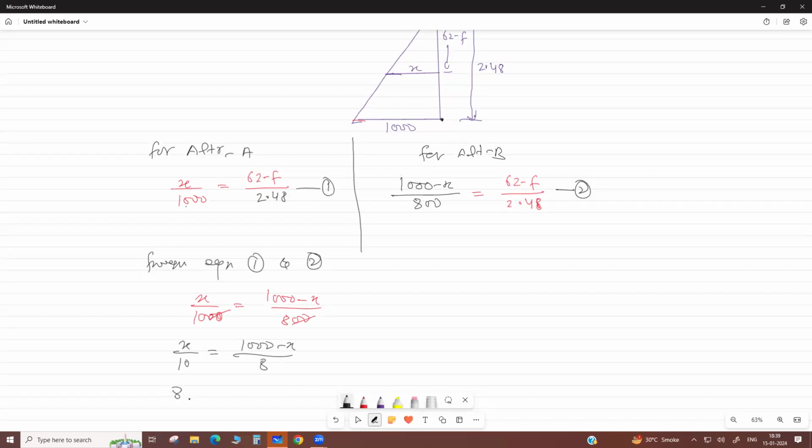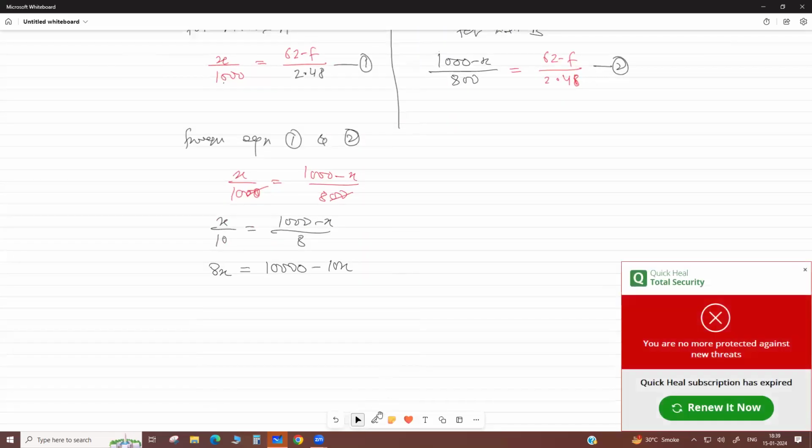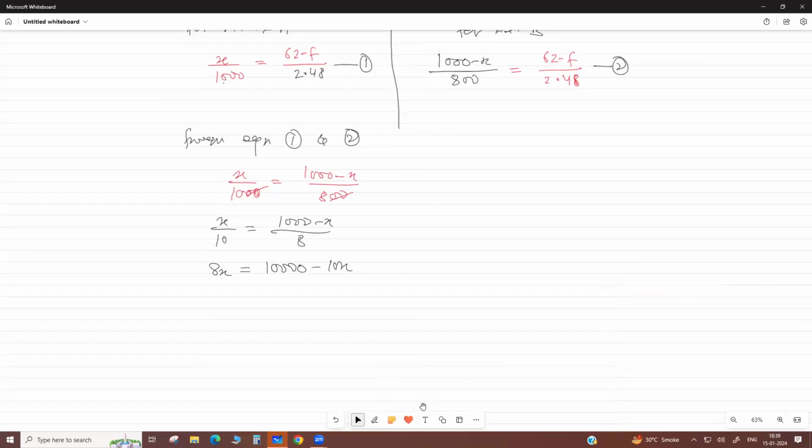Now cross multiply. By cross multiplying you get 8x equals to 10 times, now this becomes 10,000 minus 10x. Okay, clear? Then it becomes 18x equals to 10,000, or x equals to 10,000 by 18.